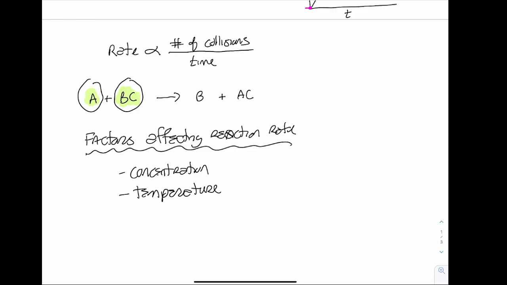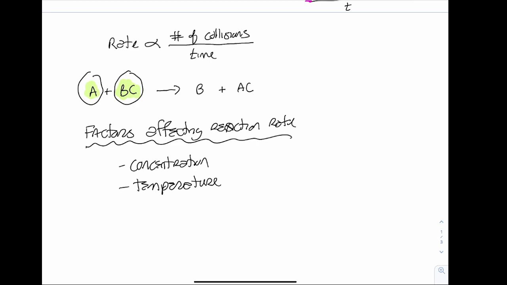If they don't, they're not actually going to react. They're just going to kind of bounce off of each other. I need to form that bond between A and B, and I need to break that bond between B and C, which takes energy. So if we increase the energy, if we increase the temperature, we're increasing the energy of those collisions. So higher temperature, that's also going to increase our rate.